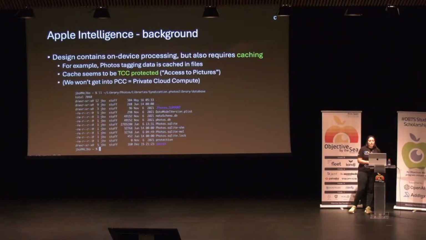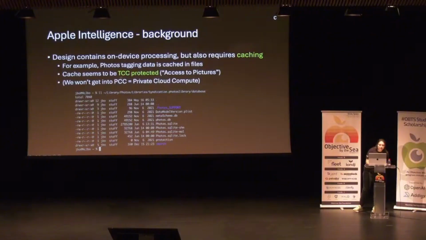So this will have on-device processing, but this on-device processing also requires caching because there is so much data. So we decided to look at photo tagging data and those cached files, and this cache seems to be TCC protected. We also won't talk about PCC. Calista gave an awesome talk yesterday about that.